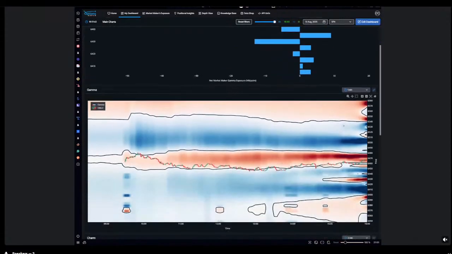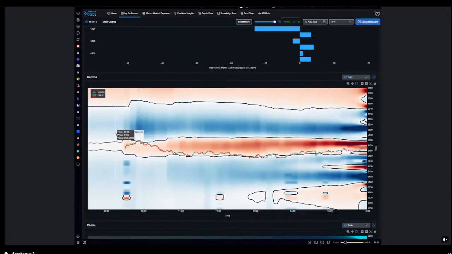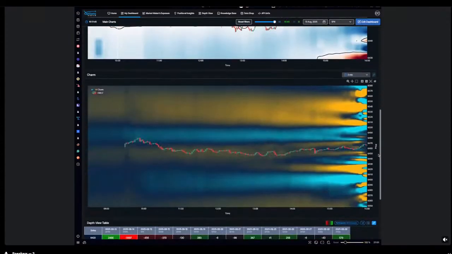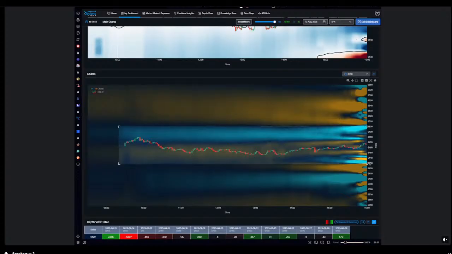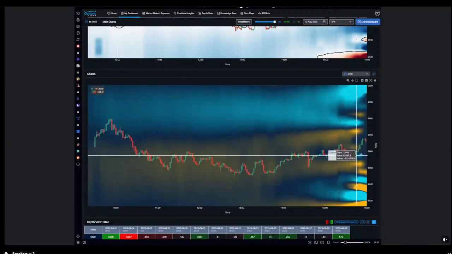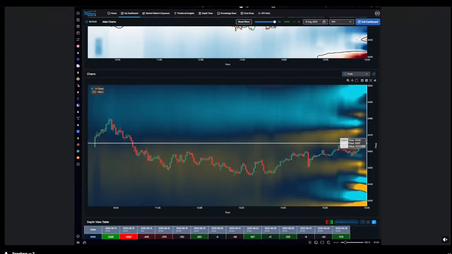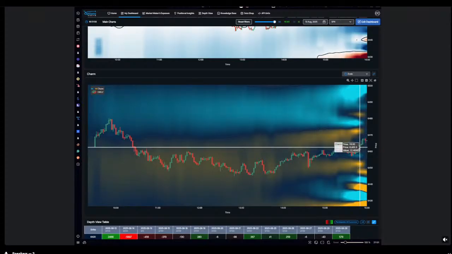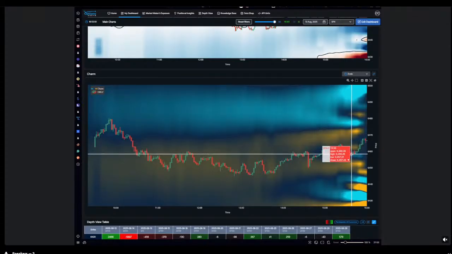I say it was unusual, it wasn't. We were in suppressive charm for a long time, but then we hit this pocket of supportive charm. And it was from here that we really started to make this move upwards. All of this here, I don't know if you can see it very well, this is all supportive.